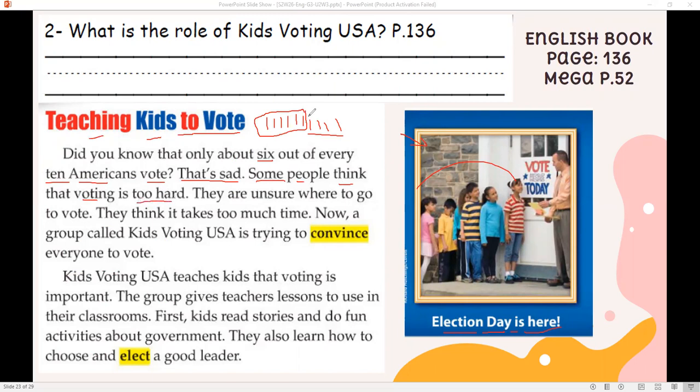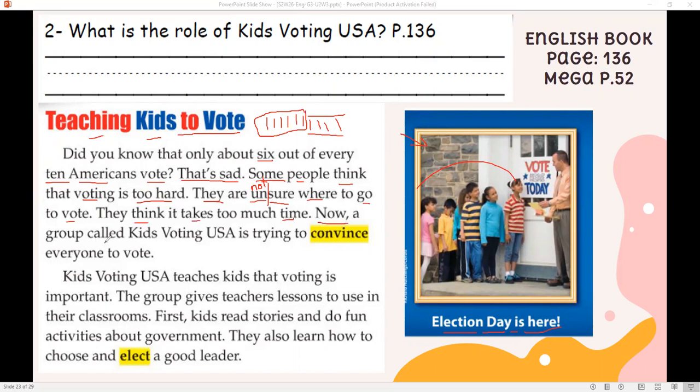Now he's telling us why these 4 are not voting. They are unsure. This is an important word. Unsure is made of 2 parts. Un means not, and I have the word sure. They are unsure where to go to vote. They think it takes too much time.